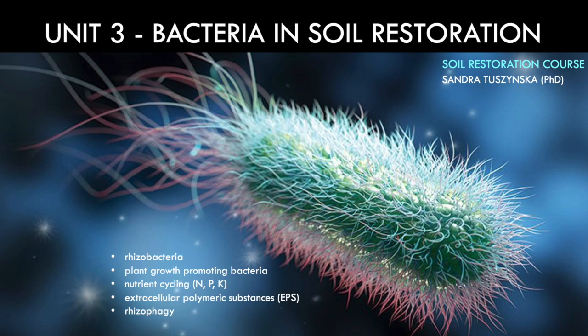And so we'll look at specifically plant growth promoting bacteria and the nutrient cycling, how they deliver nitrogen, phosphorus, and potassium, for example, to the plant, and also the extracellular polymeric substances, which are very key gluing and communication substances that allow bacteria to stick to surfaces and produce compounds within that for their communication, and how these worlds of bacterial life are interacting through these substances and what they do for the plant.